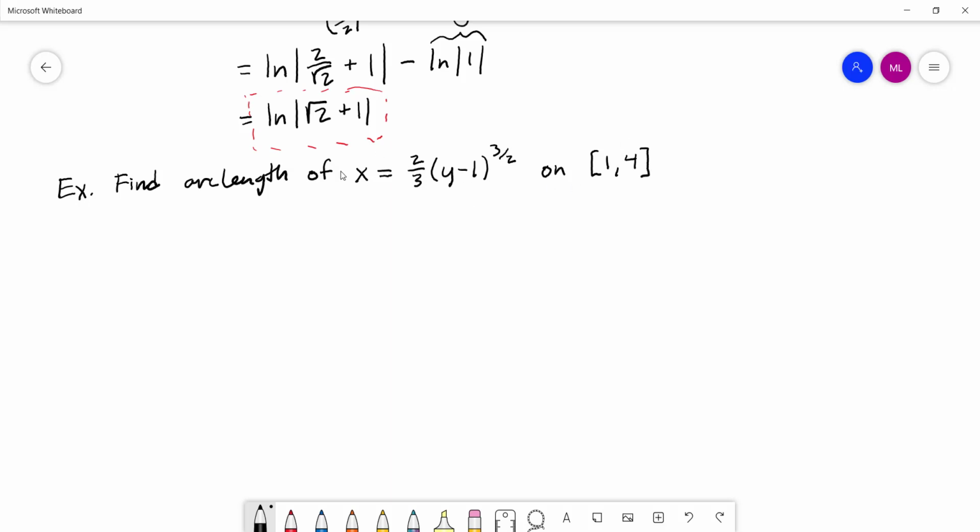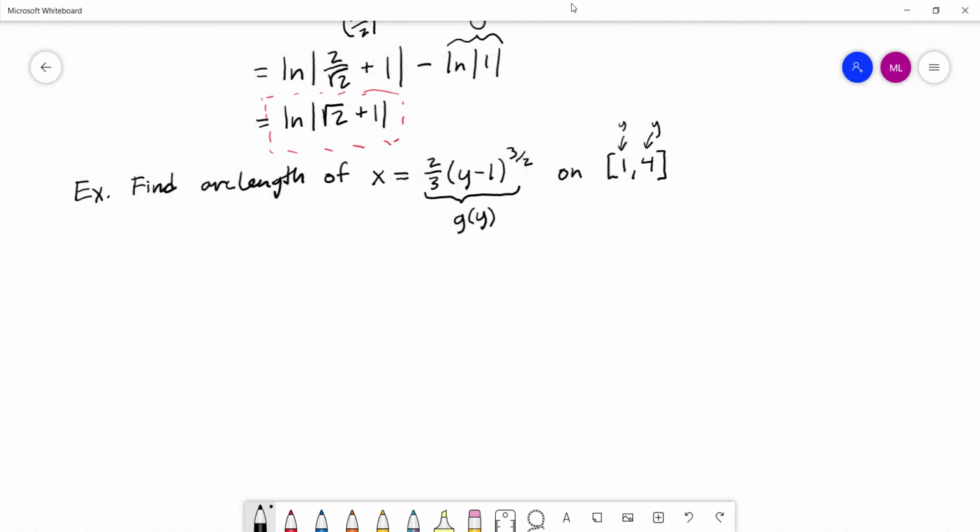So this is one of those cases where instead of y as a function of x, I have x as a function of y. So this interval itself must also imply that these are y values, not x values. So we're going from a height of 1 up to a height of 4 along whatever this curve is. Okay, so same thing. This plays the role of our g of y.